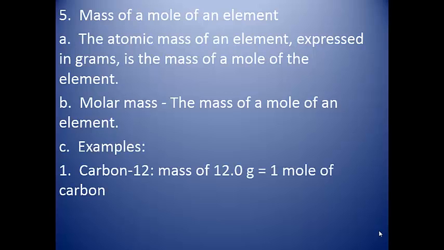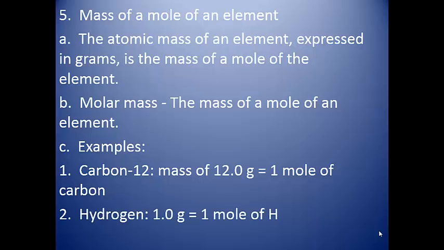So now, for example, we have carbon 12. It's the most common form of carbon, and if you take a look at your periodic table, carbon has a mass of 12.011. Now we're going to be rounding to just the first decimal place, so 12.0, and that is equal to 1 mole of carbon. And we can do this for multiple elements.